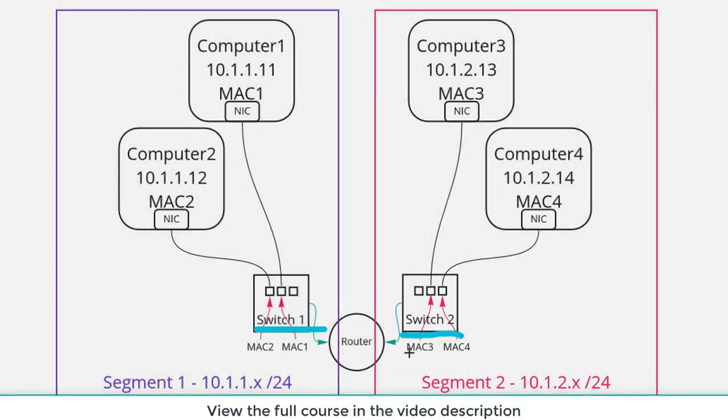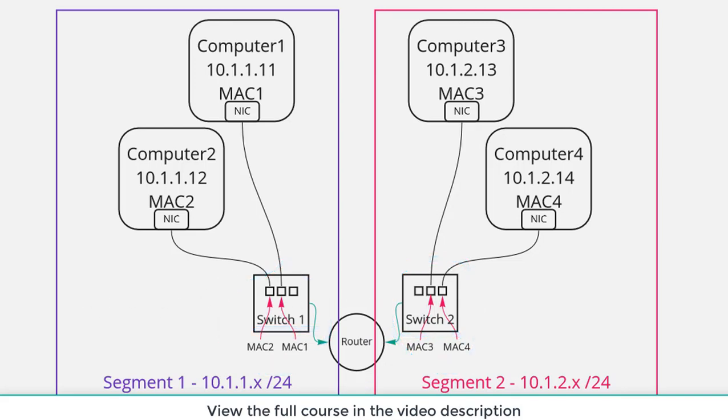Switch 2 does not need to know about the MAC addresses that are connected to switch 1, because they are separate Ethernet networks. So by separating these 2 switches, by putting a router in the middle of them, I've cut my broadcast domain in half, and I've also reduced the size of the MAC address tables on these two switches.